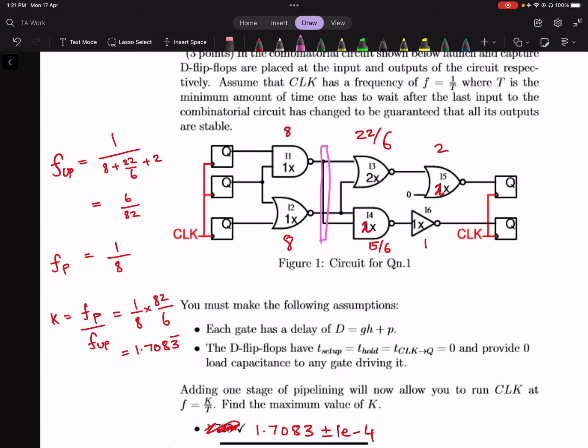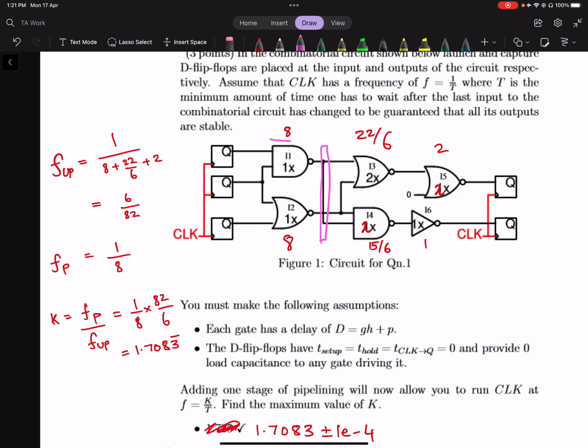And just by investigation, you can see that the best place to put the pipelining flip-flop is at the 50% delay mark, right? The closest to that would be where I have drawn this pink rectangle.